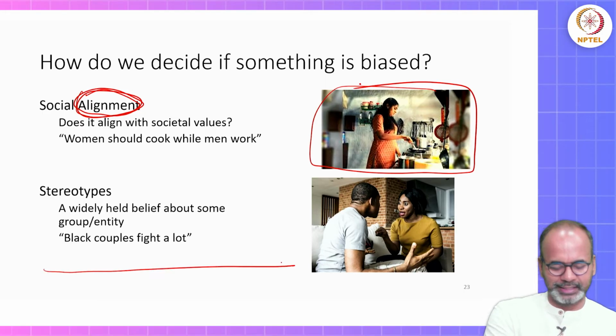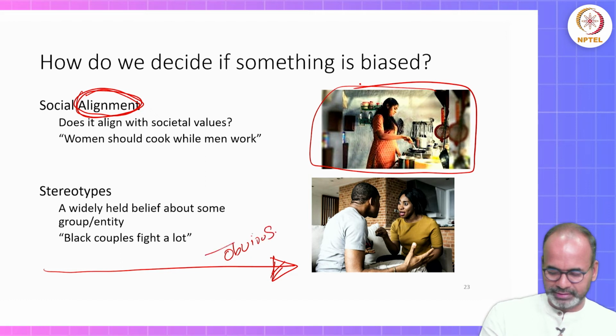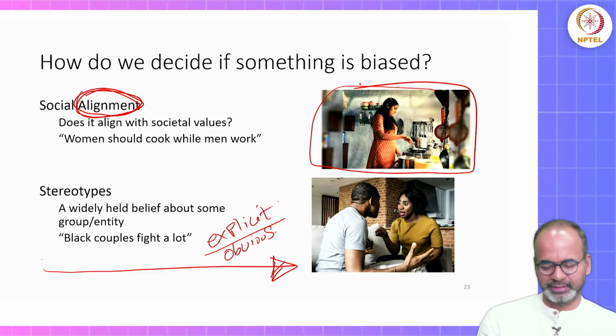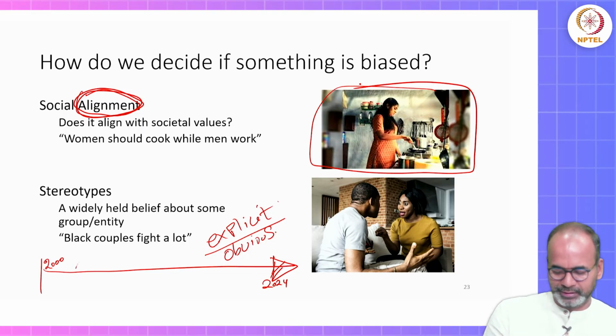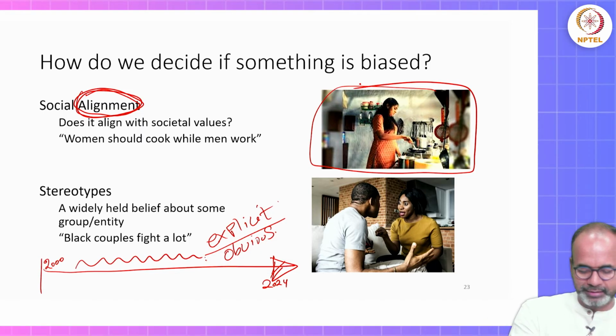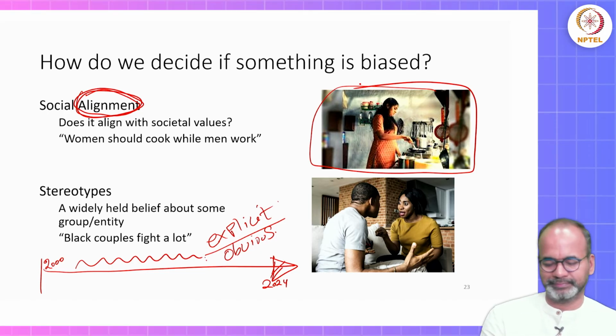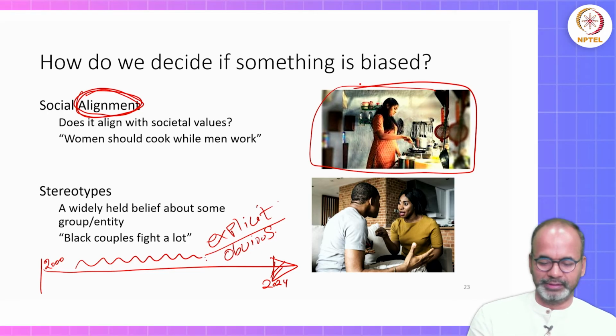And I guess as time progresses, these questions are also becoming more obvious or more explicit. As time progresses, at least for some of the topics I can relate to, let's take 2000 until 2024, the way that we have handled some of these topics is different over a period of time. Does it align with societal values is a question we should ask.